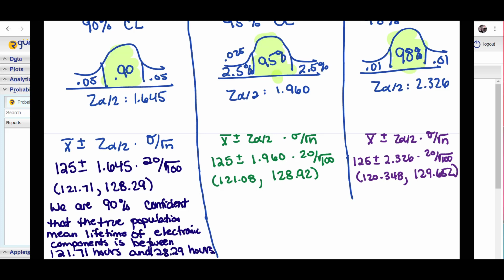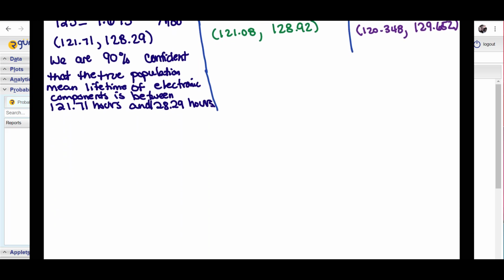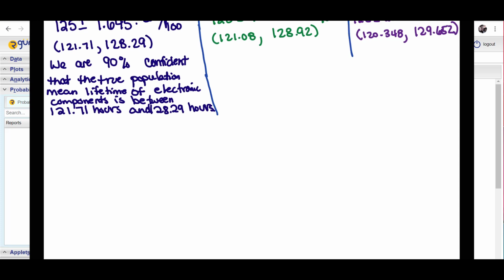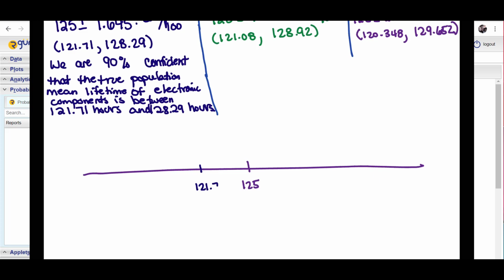So how did this compare, right? Let's just do a number line. Let's just look at these. For each of these, we've got 125 in the middle. So let's locate these numbers. I'm just going to do estimates, this is kind of just a sketch. 121.71 would be here, and then 121.08.